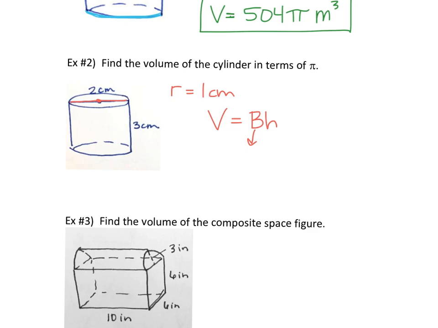Well, the area of the base is pi r squared. So pi times 1 squared. The height is 3. So you get 1 times 3, or just 3, and then attach your pi, and that's centimeters, and we are cubing them because it's volume.